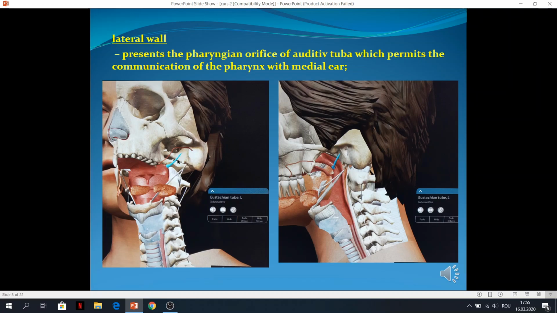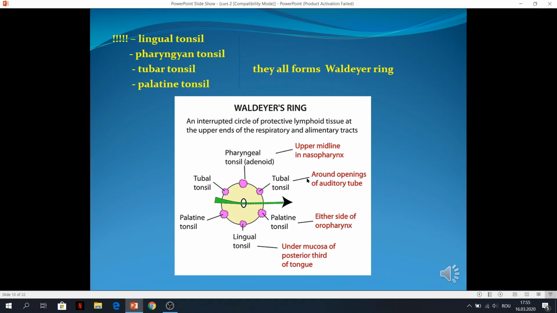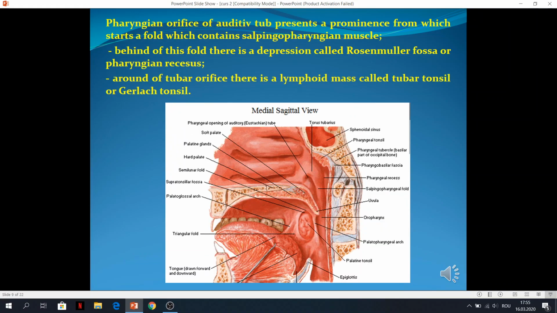Attention, this is the left auditive tube. In this picture, you can see the right, but because it's a medial sagittal view, we can see just the orifice. Look at it. So right here starts that auditive tube.